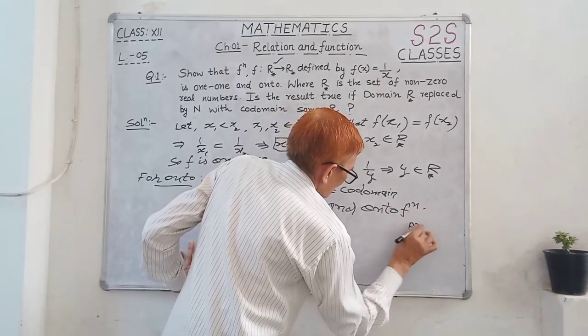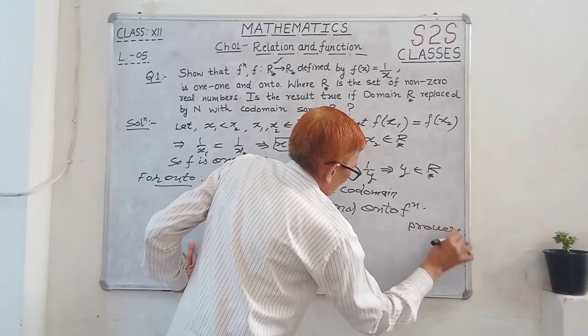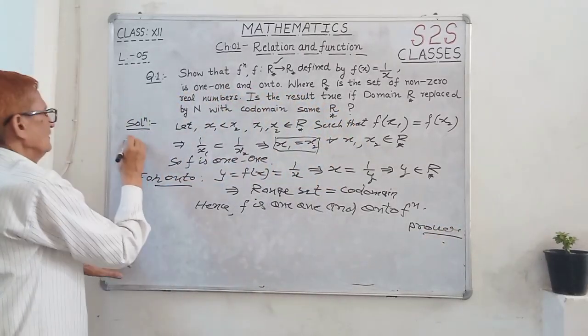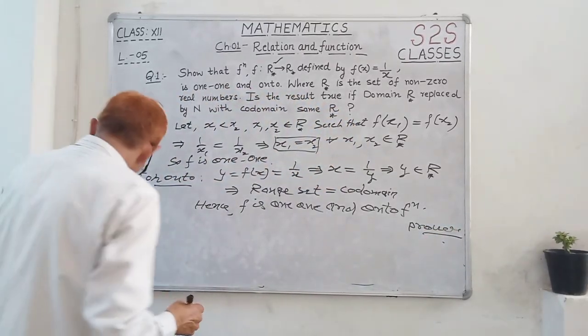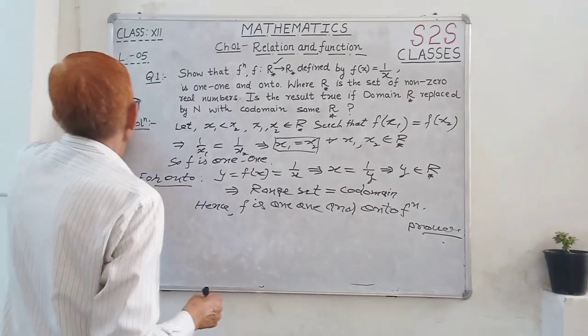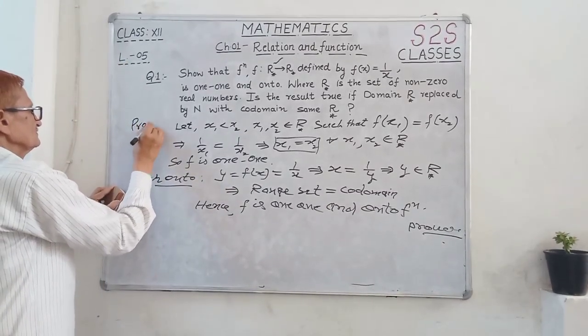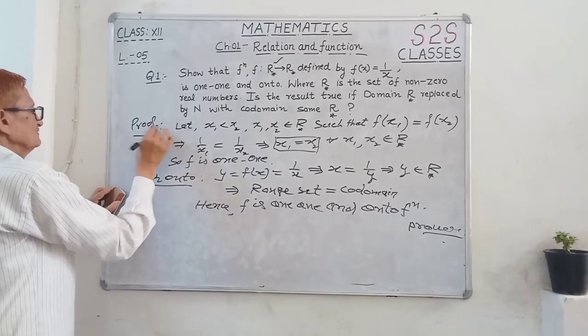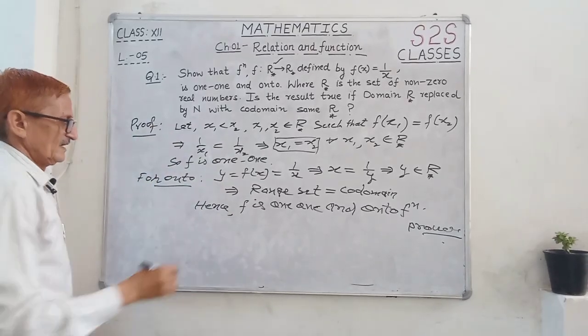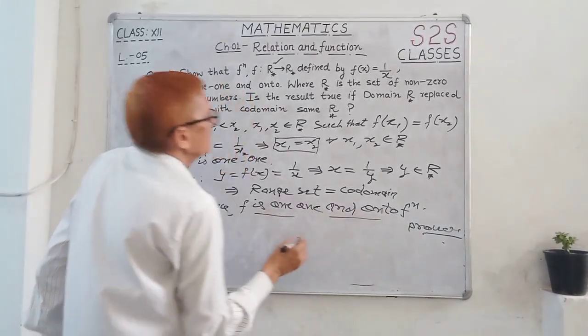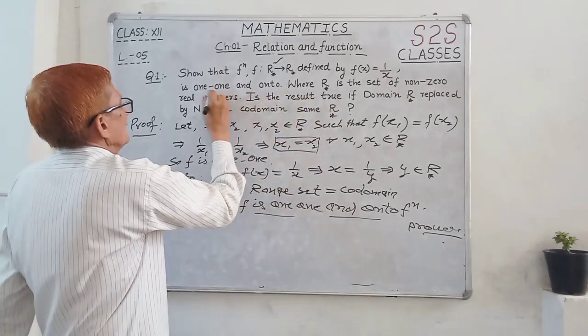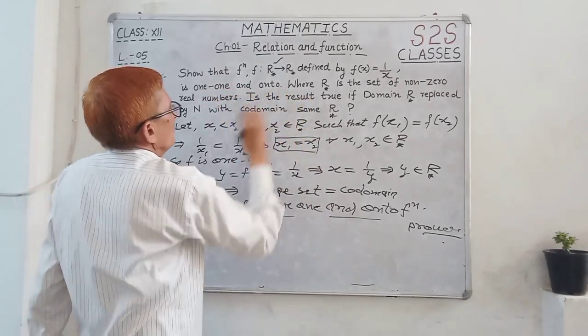Proved. Okay, not solution, proof. Hence f is one-one and onto. We have to show that this is one-one and onto.